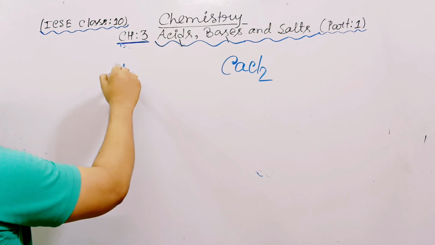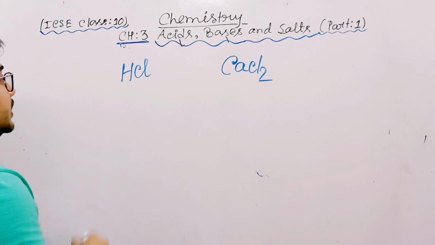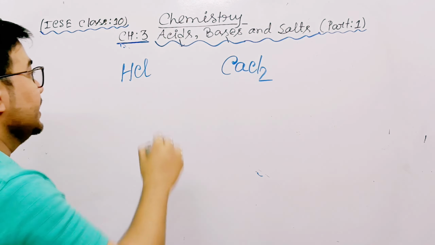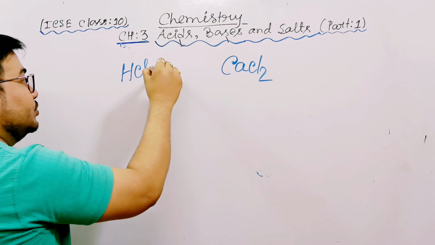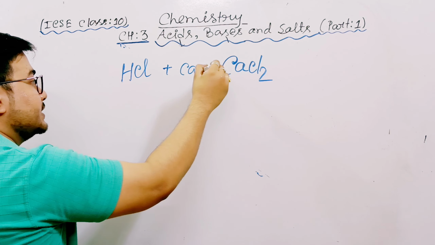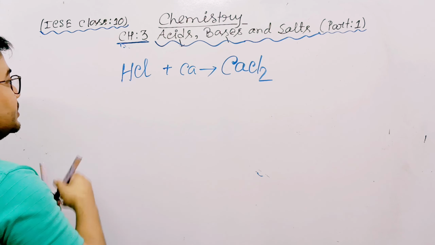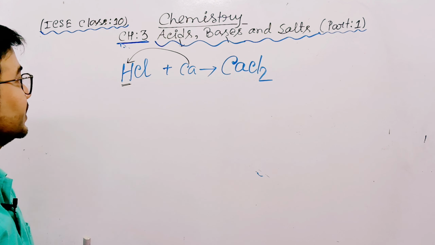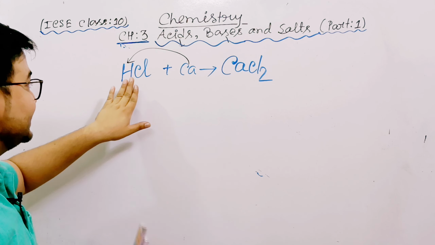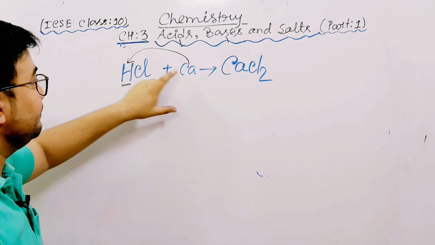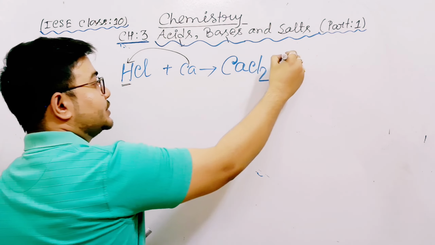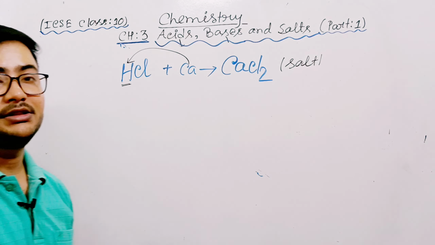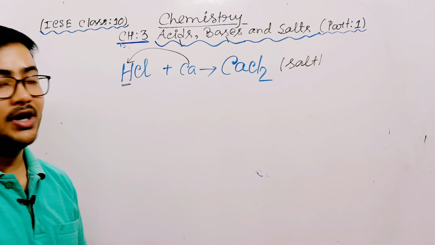Now look at the board. Here initially we have HCl, hydrochloric acid. In hydrochloric acid, when this hydrogen is replaced by a metal, see, when in acid H plus ion is replaced by a metal, then salt will form. So calcium chloride is an example of a salt.